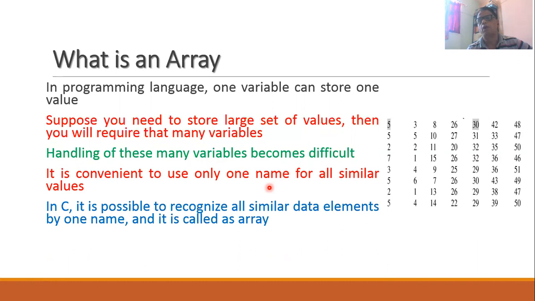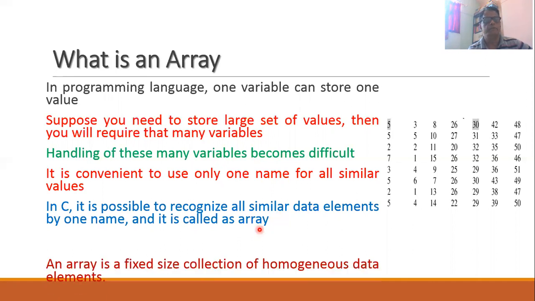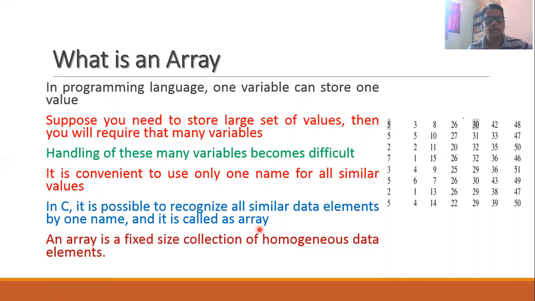In C programming, it is possible to recognize all similar data elements by one name only, and it is called an array. So we can say that an array in the C programming language is a fixed size collection of homogeneous data elements.